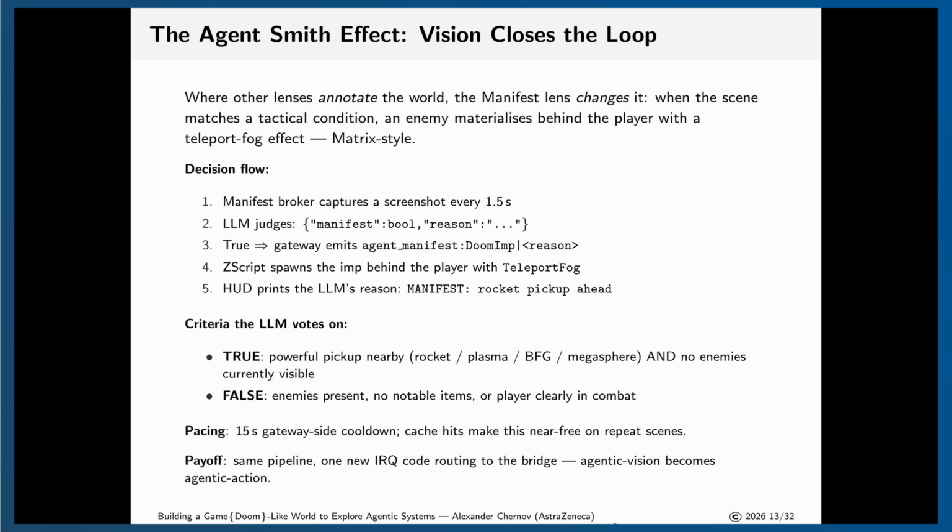Or, for example, I'm about to pick up a certain weapon, like a rocket launcher. It can see that I'm about to get it, and it puts this enemy behind me or around me so that the enemy can attack me and certainly would not allow me to pick up this weapon. Or, for example, armor and stuff like that.